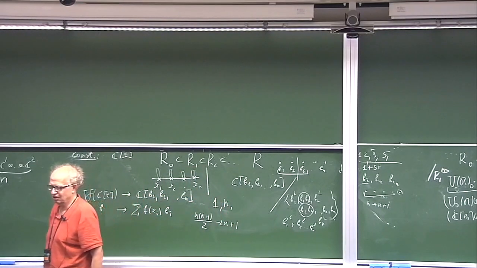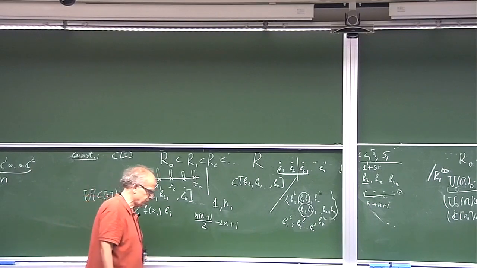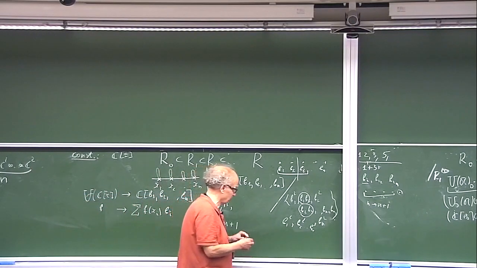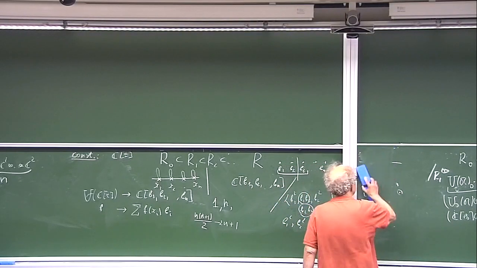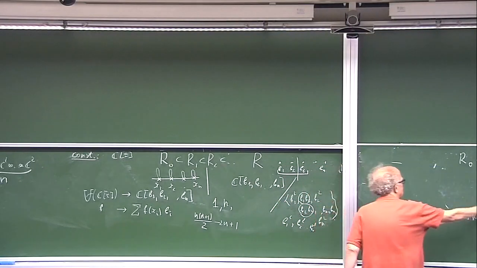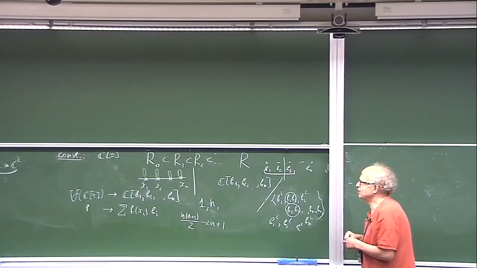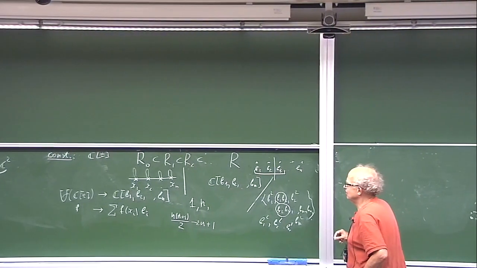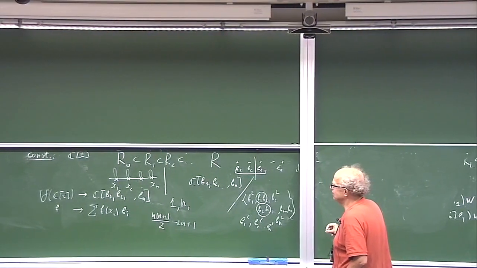Why did I say this? Fibonacci numbers are a well-known thing, and maybe this is almost the end. You can understand Fibonacci numbers, for example, by the following.